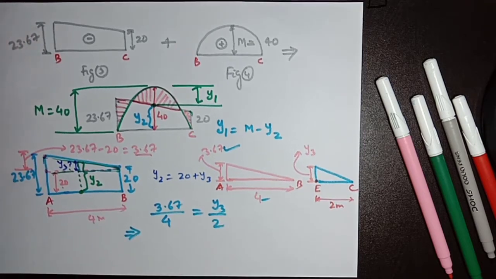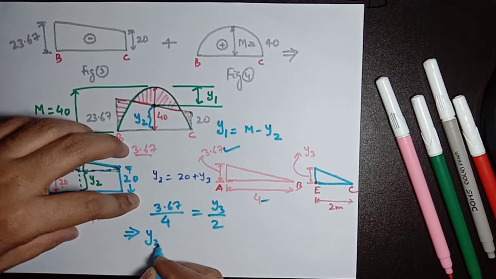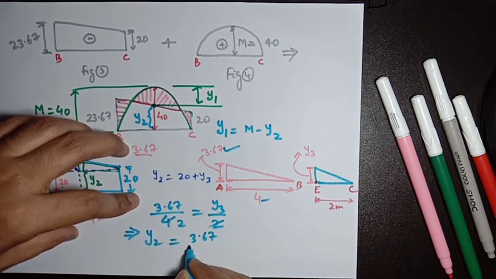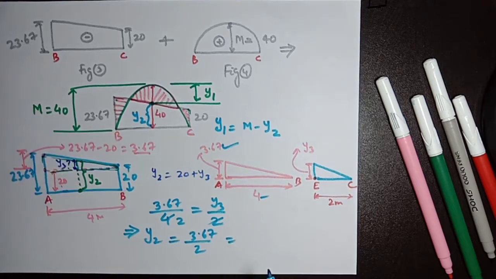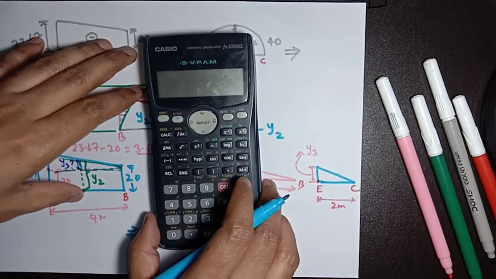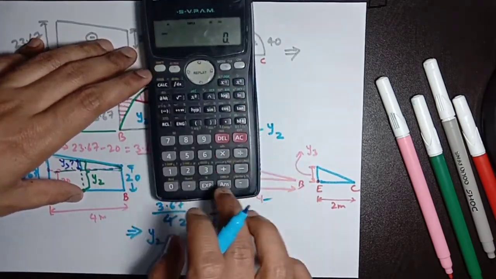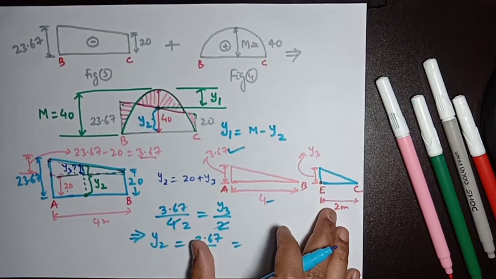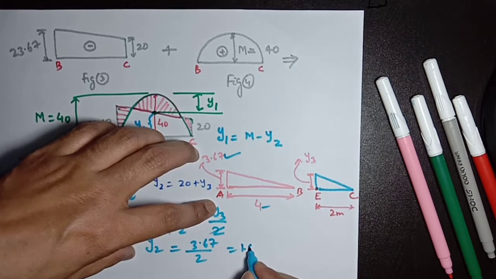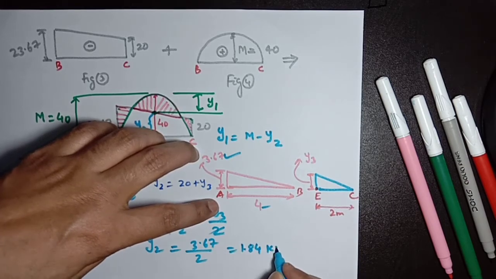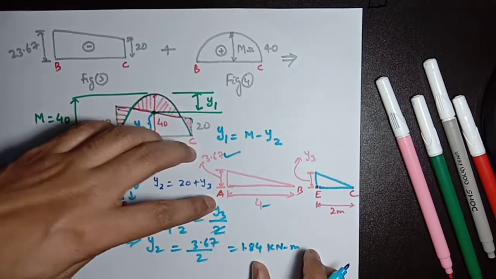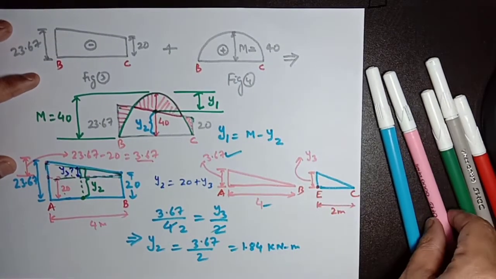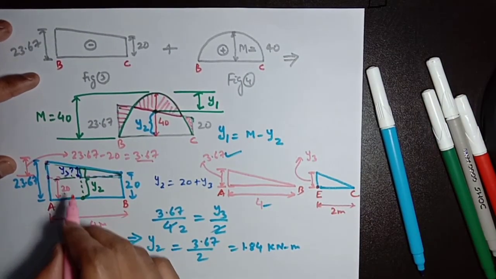So y3 will be 3.67 divided by 2, which will be 1.84 kilonewton meter. This is the value for y3 calculated here.